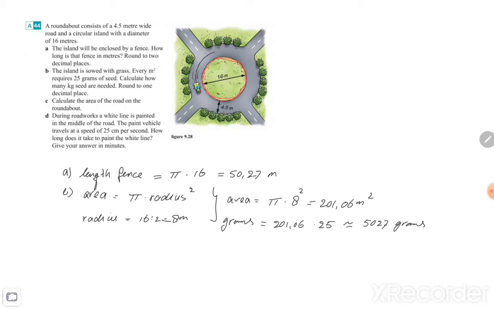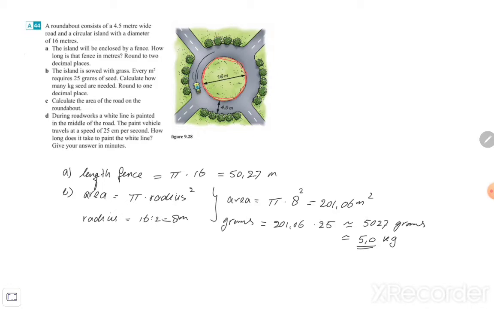But they ask you to calculate how many kilograms of seed are needed and round to 1 decimal place. So we need to divide the grams by 1,000. So then you get 70,7 kilograms. Do not forget the decimal, because we need to round to 1 decimal place. The number behind it determines the rounding, so 70,7 kilograms is the correct answer.